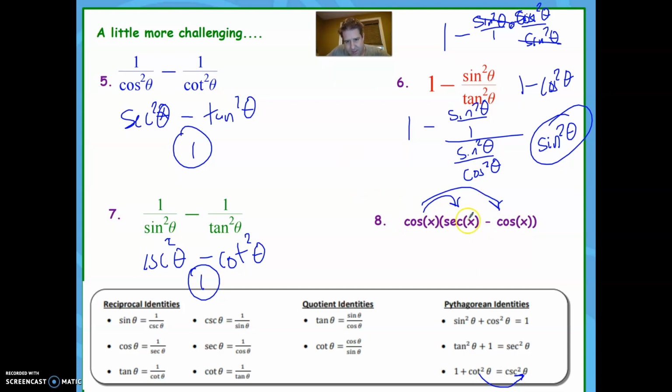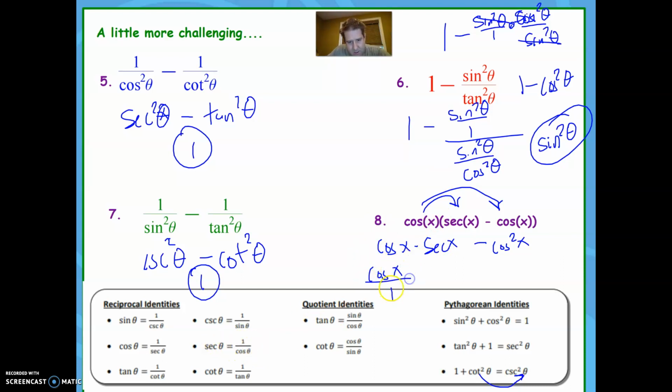Okay, so this one is being multiplied by both of these. So maybe if I could simplify this, that would have been a little bit easier, but I don't think I can go that route. Secant and cosine are never in any of these identities together. So cosine of x times secant of x minus cosine of x squared, because this times this is cosine x squared. All right, so what can I do with this now? Secant of x is the same thing as 1 over cosine of x.